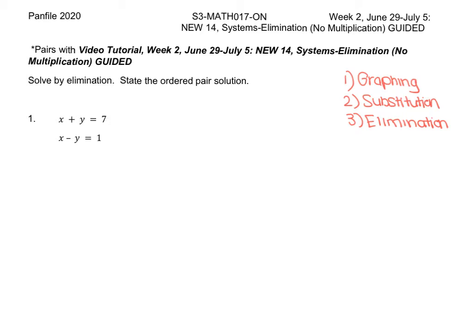Elimination relies on combining like terms and getting numbers and signs to match up.